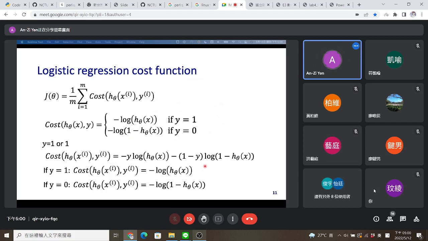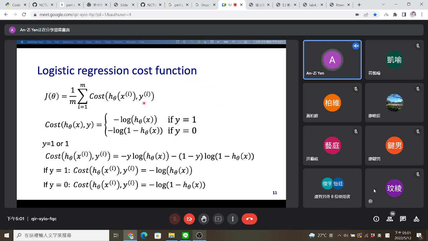Here's the cost function for logistic regression. The overall cost function is 1 over m times the sum over the training set of the cost of making different predictions on the different example labels y(i), and this is the cost of a single example that we mentioned earlier.